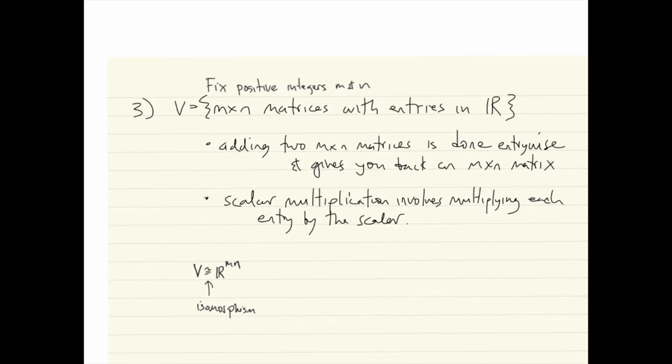So even though this example looks different from the R to the n example, it secretly is of this form. It's R raised to some power, and maybe that's not so surprising, because each element in here, namely an m by n matrix, is the data of m times n real numbers.